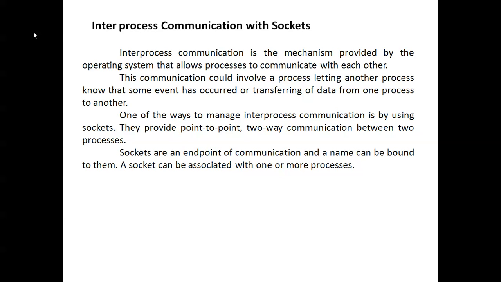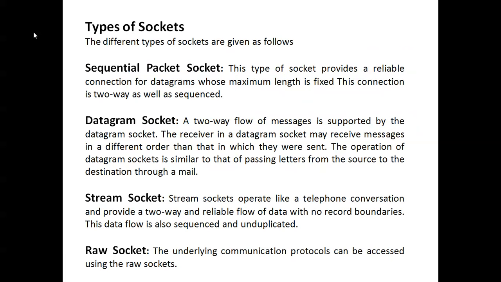So that is called an endpoint of communication. There are different types of sockets: sequential packet socket, datagram socket, stream socket, and raw socket. The sequential packet socket provides reliable connections for datagrams. The maximum length is fixed, and it is two-way as well as sequenced.